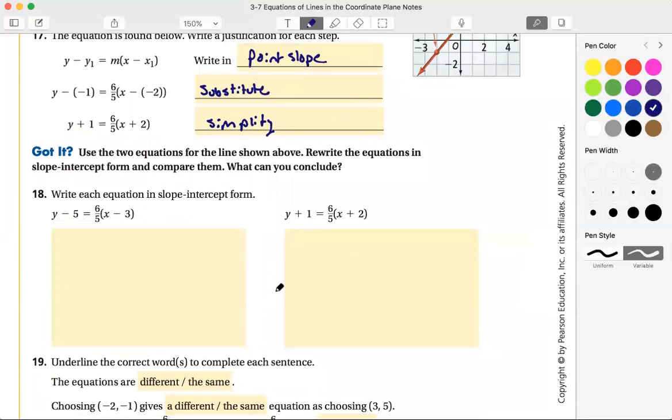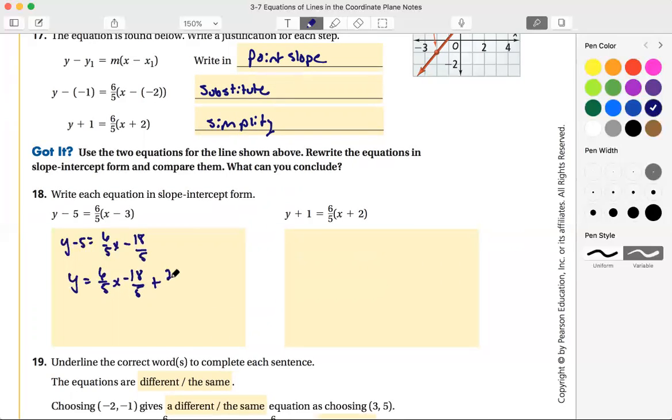So if I'm given an equation in point-slope form, can I change it into slope-intercept form? Well, yes, you can. So step one, what you're going to do is distribute the slope. So you have y minus 5 equals 6/5 x minus 18/5. We're going to add 5 to both sides. Y equals 6/5 x minus 18/5. Now, plus 5.